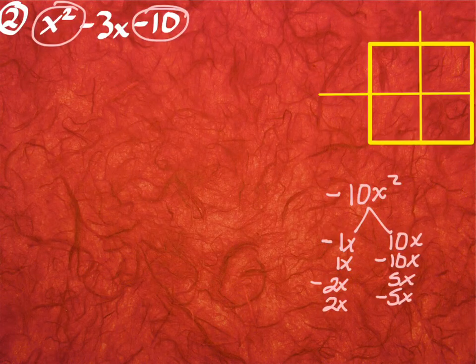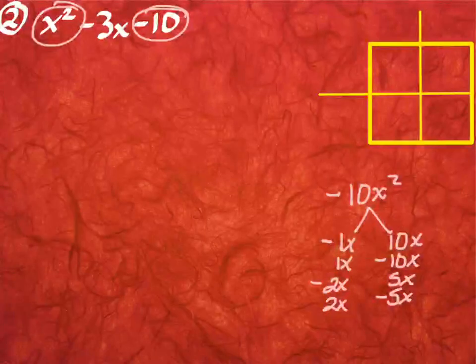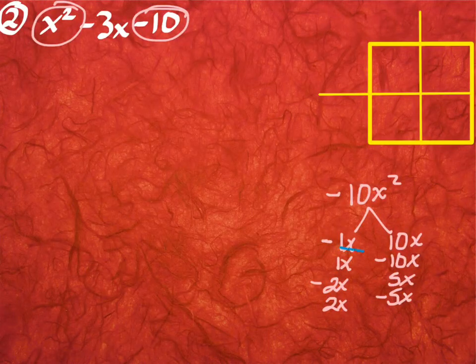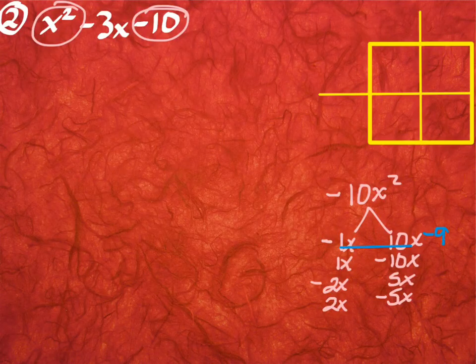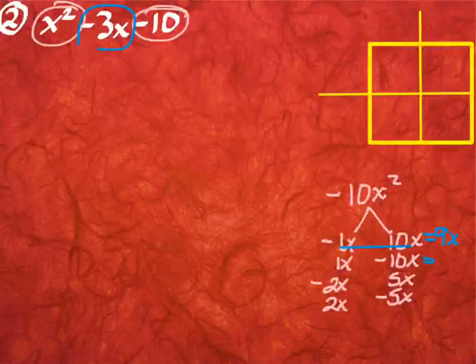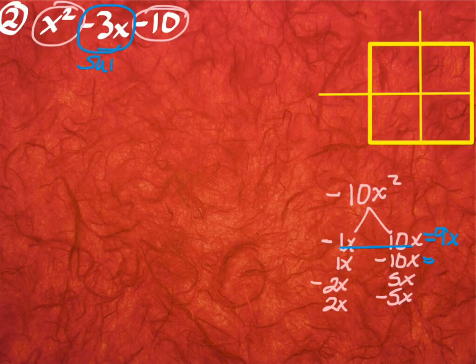So we're going to go one by one on each row and see which one of these creates the goal that we want. So negative 1 plus 10 is going to give me a 9x. Our goal, remember, is to get a sum that equals that middle number.